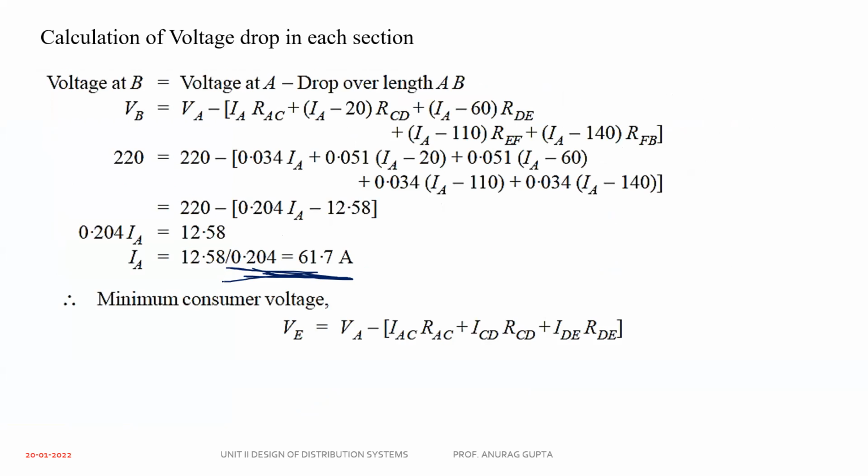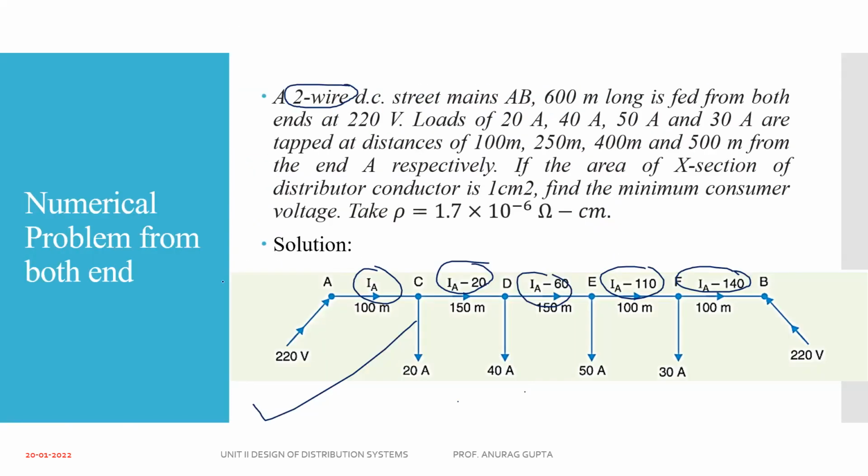Clear? Now we are finding the minimum consumer voltage. First of all, how can you find the minimum consumer voltage? I'm just explaining here. You can see, what is the value of IA? 61.7 ampere. Yes or no? We have solved the numerical. What is IA? 61.7 ampere.